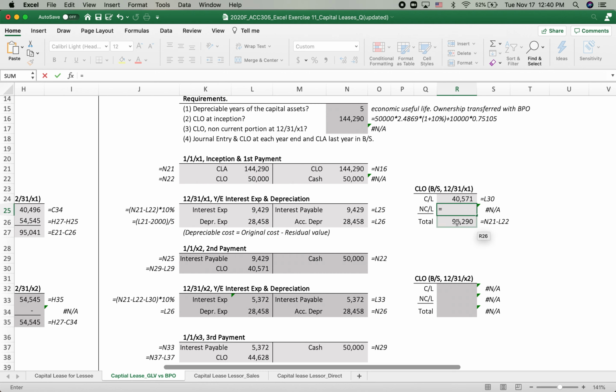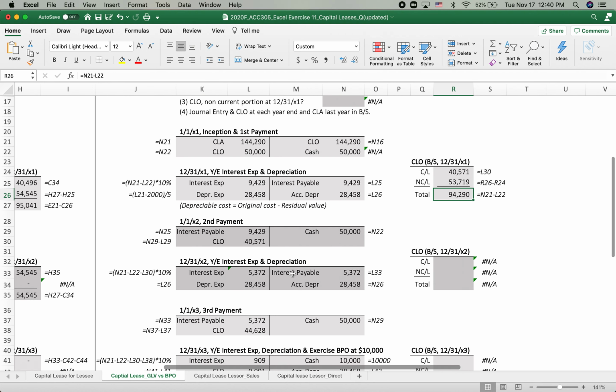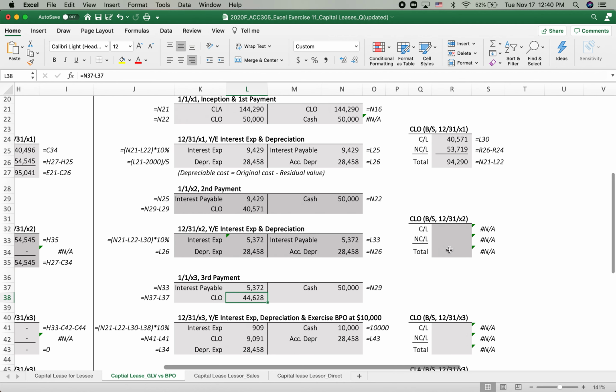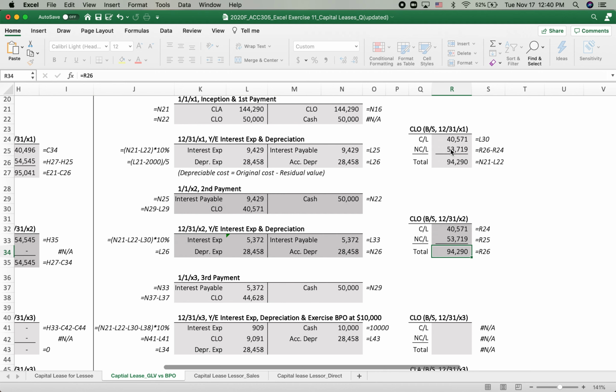So the non-current liability amount should be 53,700 or 19. That is the sum of this CLO to be paid next year, right? So let's just start from the last year balance, then we'll remove this.